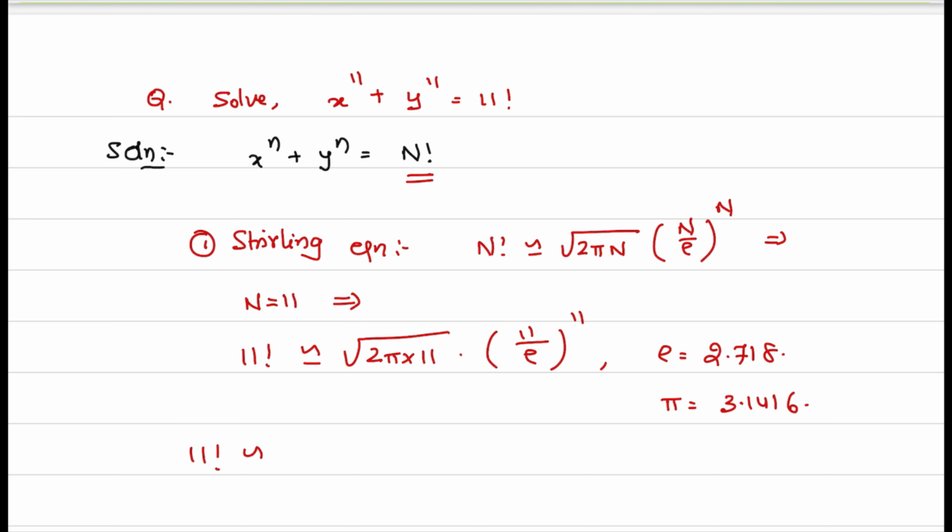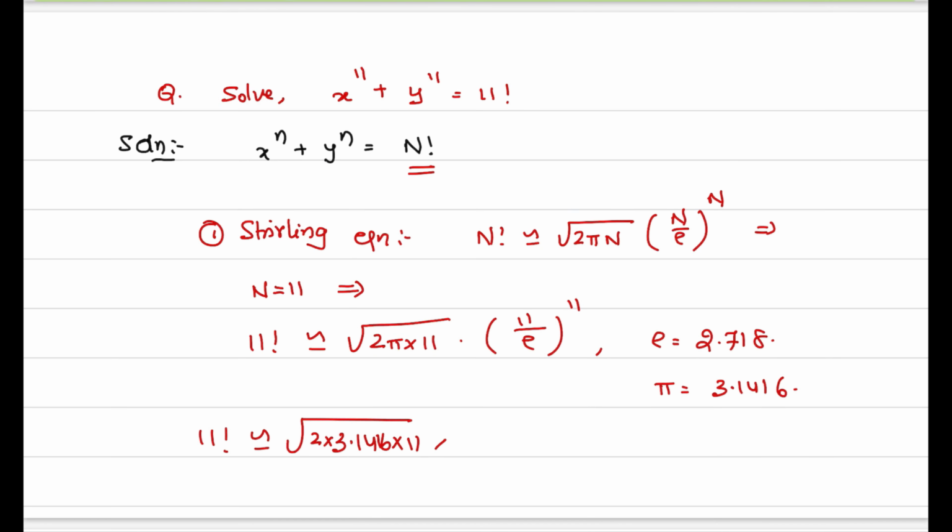Factorial 11 is approximately equal to square root of 2 into 3.1416 into 11 into 11 by 2.718 to the power of 11. Ultimately, this is the value of factorial 11.